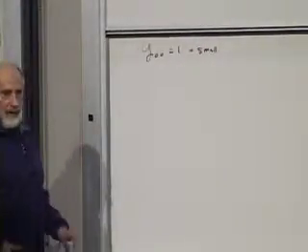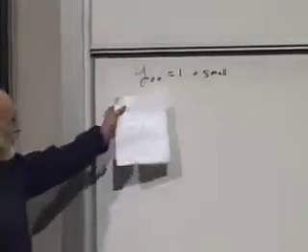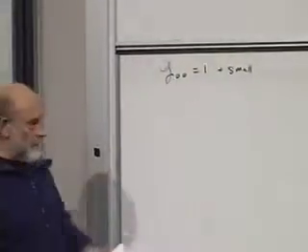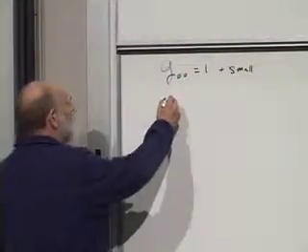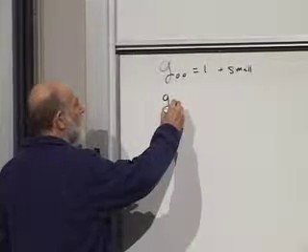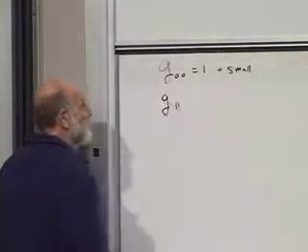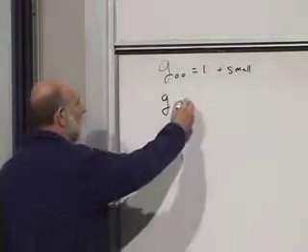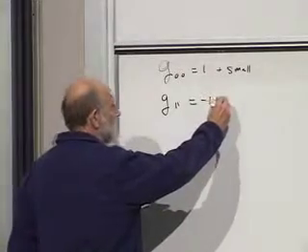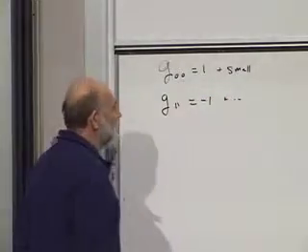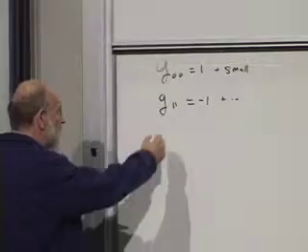And we're going to keep track of small things, but we're going to keep track of them to the leading order, basically. It also means that, what about G11? Well, that's equal to minus 1 plus small things. What about G22? Same thing.